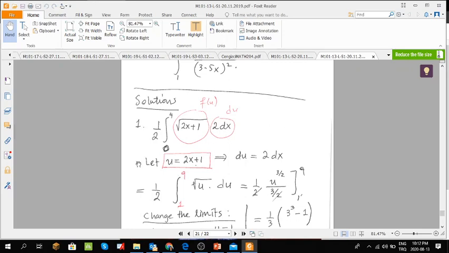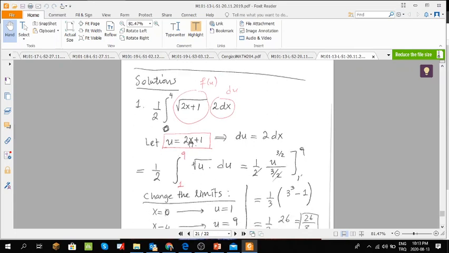du is 2 times dx. And then the endpoints, limit points, are going to change to 1 to 9. Why? When x is 0, you put it in u equal to 2x plus 1 and you get u equal to 1. And when x is 4, you put it in the substitution, you get 9. So 1 over 2 integral from 1 to 9 square root of u du.